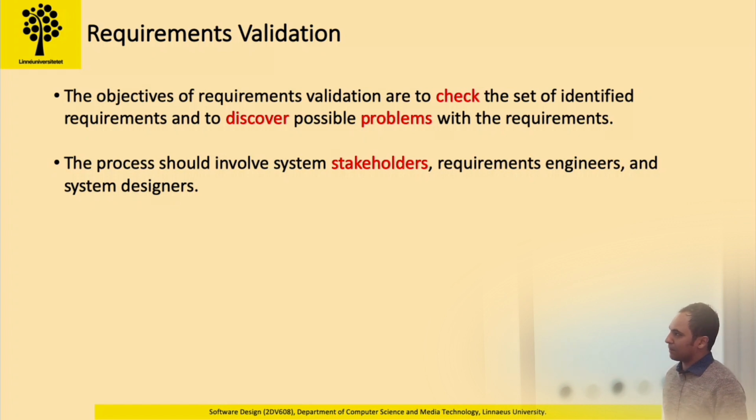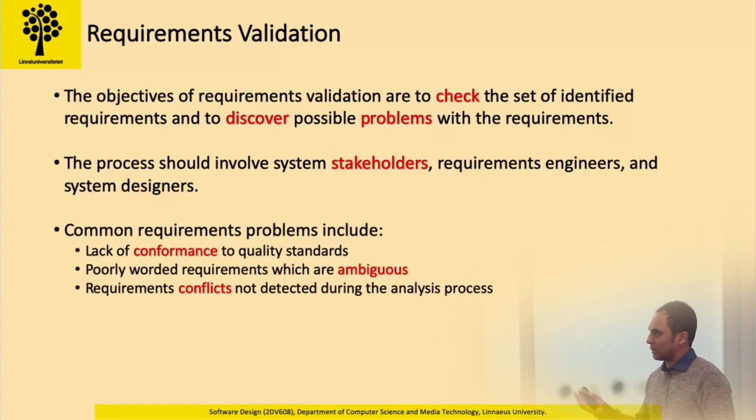And usually, again similar to requirements analysis, requirements validation should also be done by different stakeholders. But in this case, as you can see, requirements engineers and system designers are also involved. So they have crucial involvement in this step, because now requirements are more complete, in a sense, and more correct than in the initial analysis phase.